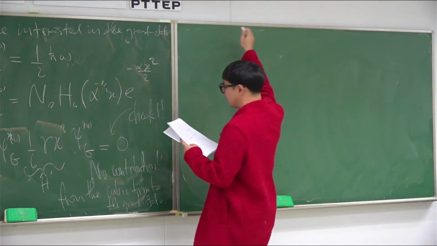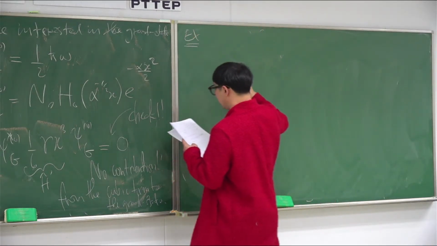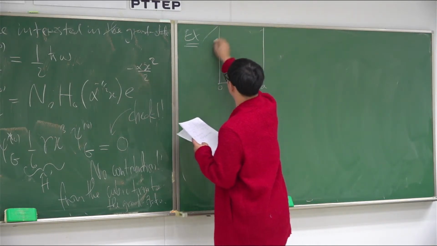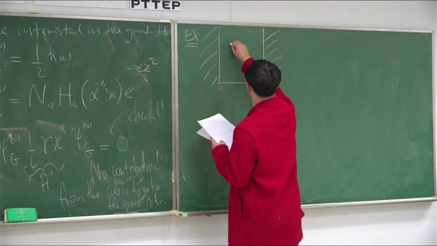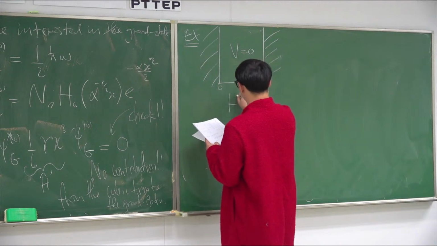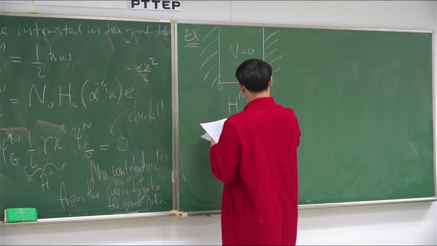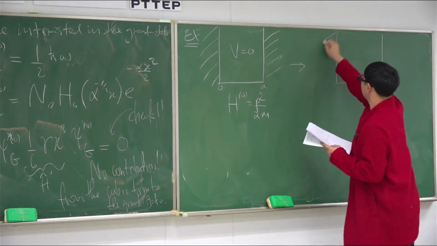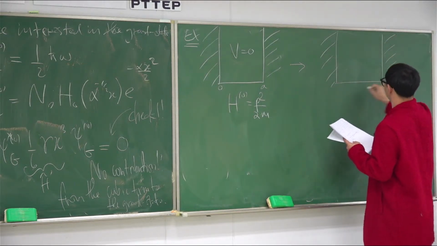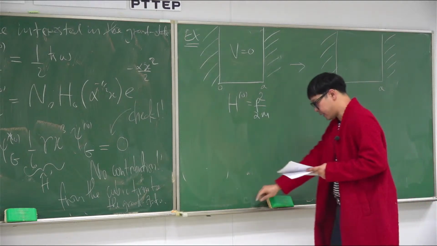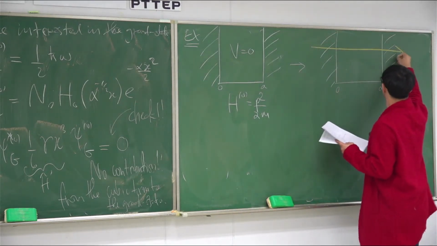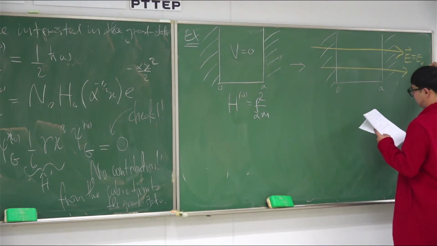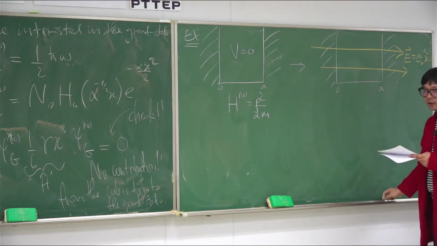Next example, which is very simple. So you have a particle in the box here. Then later, you apply an electric field in this direction.